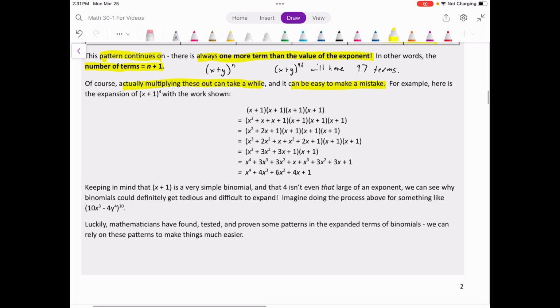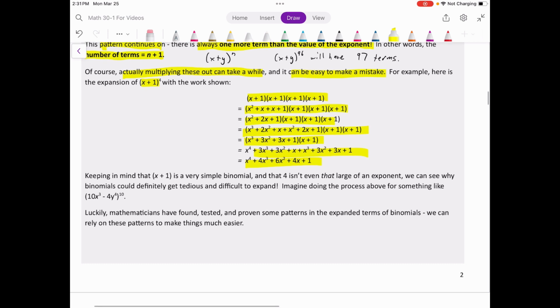So this is just x plus 1 to the power of 4. Here's the work we would have done to just expand x plus 1 to the power of 4. And it's not brutal or anything. I mean, we could all handle this, but you can see it's already getting decently long, and there's lots of little opportunities to miss a negative or accidentally combine your like terms incorrectly, stuff like that.